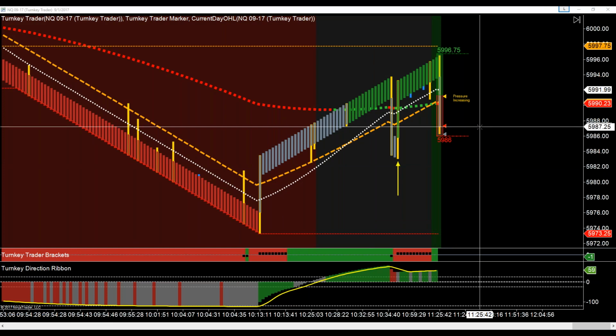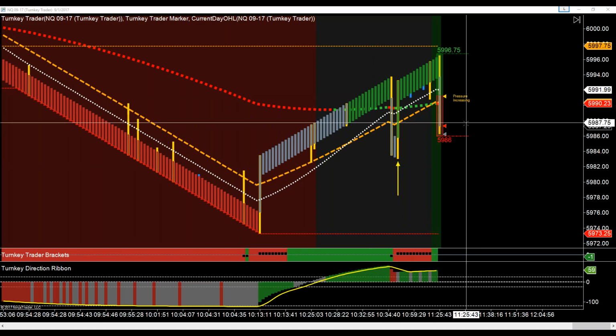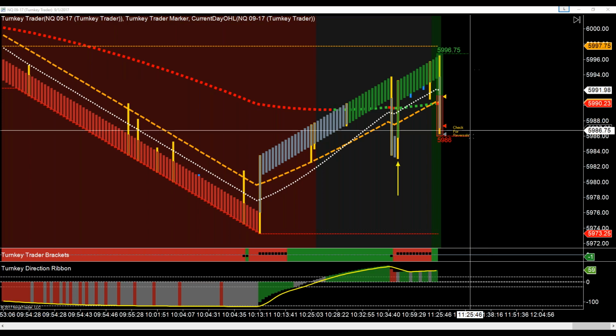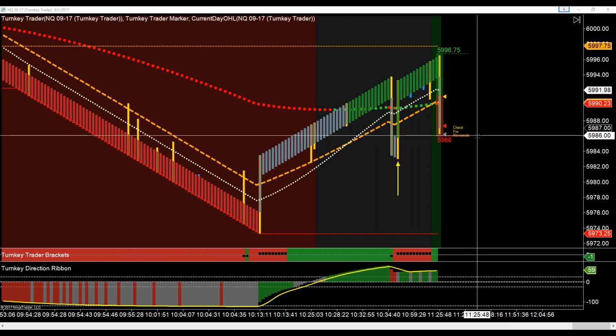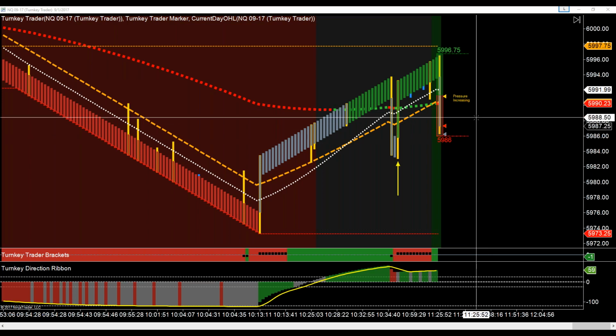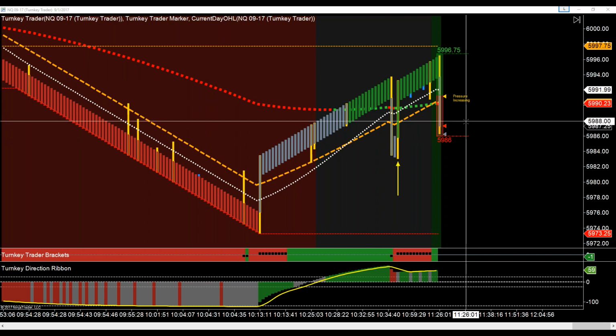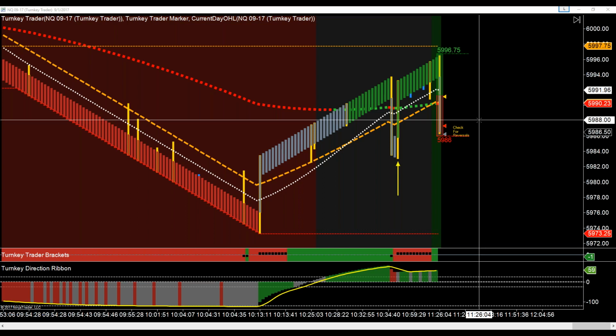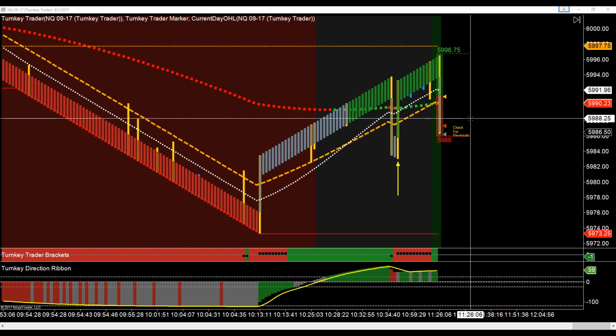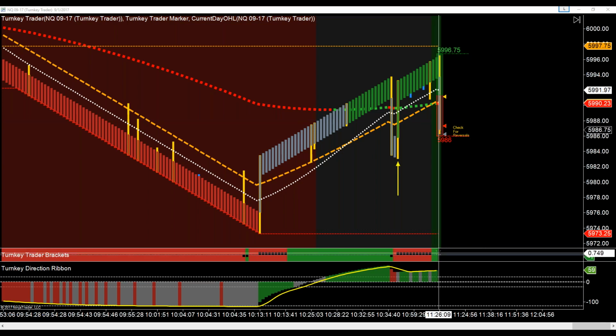But occasionally you may notice that the boxes here don't extend from DPI to DPI. I'm sure you guys have noticed that, right? And what we want to look out for in that case is if the length of the bar exceeds that box, or the range of that box, that is what will tell us if we're going to get a black dot in this bracket panel in our Turnkey Trader brackets, and that will immediately disqualify a trend trade.